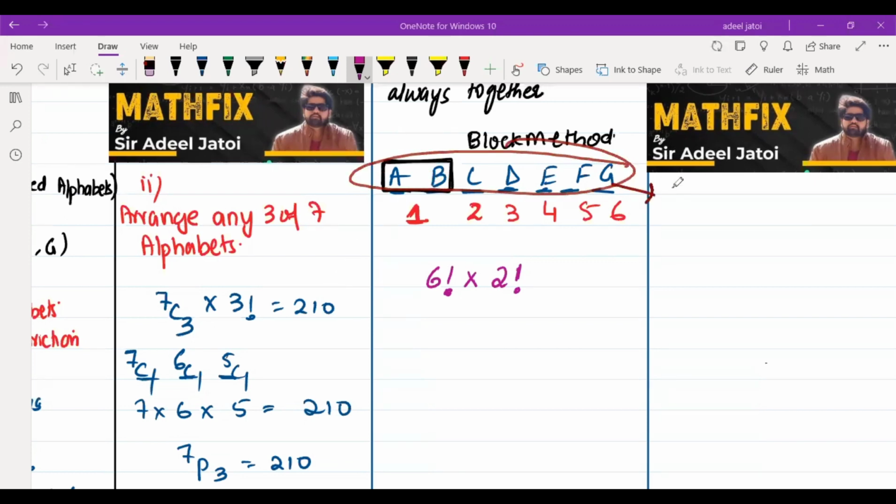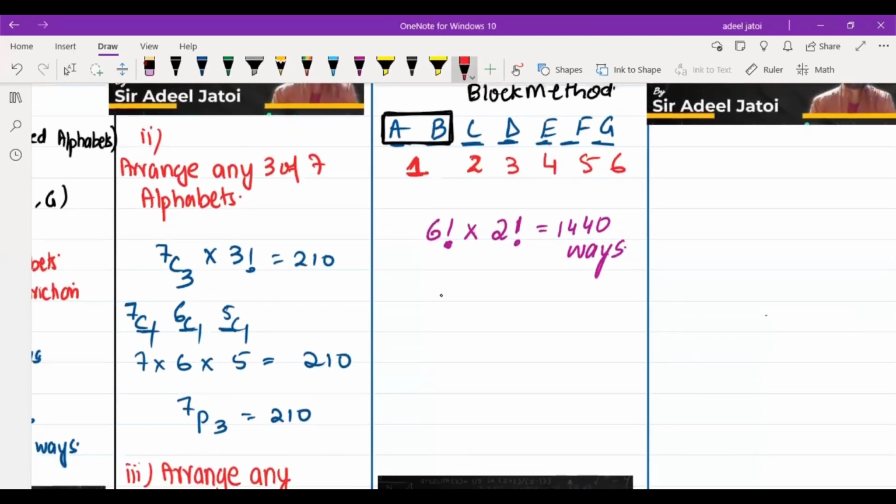Everything will be arranged as 6 factorial because 5 alphabets plus 1 block is 6, and the 2 alphabets inside the block will be moved with 2 factorial. So we do 6 factorial into 2 factorial because of the movement. So we end up getting 1440 ways. But now you need to understand that in the same question, the gap method can be used as well.